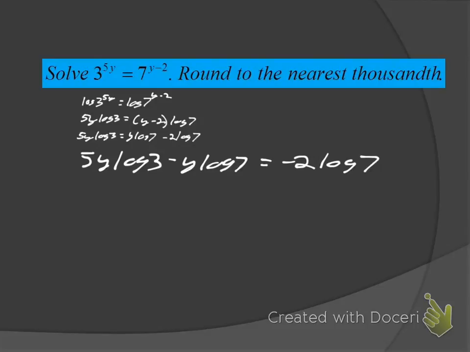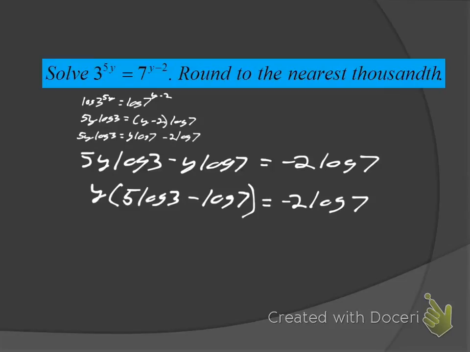So we're going to go y, parentheses, 5 log 3 minus log of 7 equals negative 2 log 7. So we take a y out of each of these terms, and we're left with 5 log 3 minus log 7 equals negative 2 log of 7.